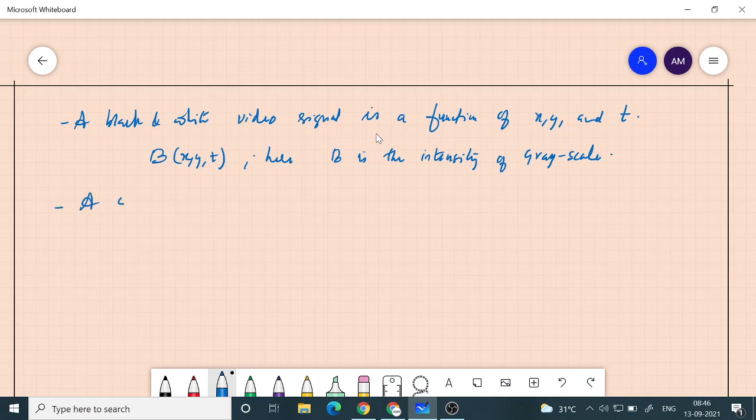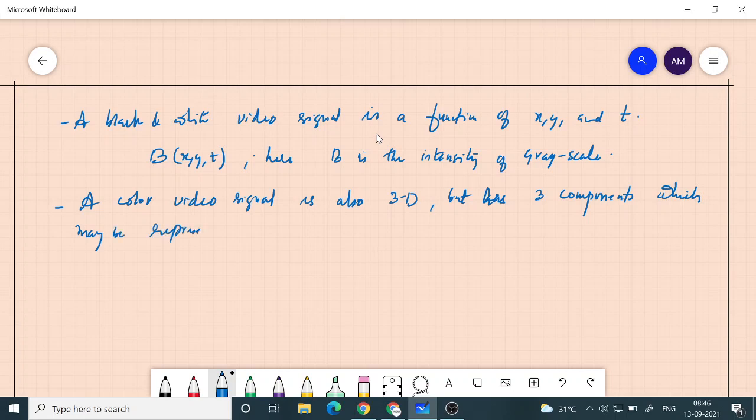Similarly, a color video signal is also 3-dimensional, but has 3 components which may be represented as, so you have RGB, right?